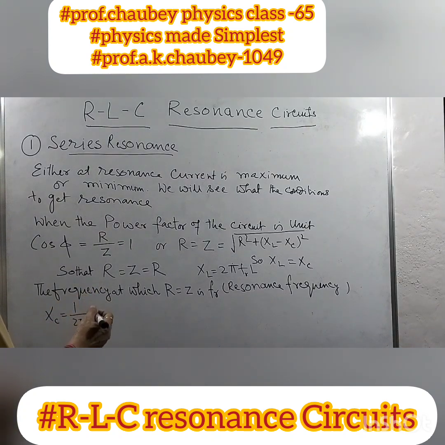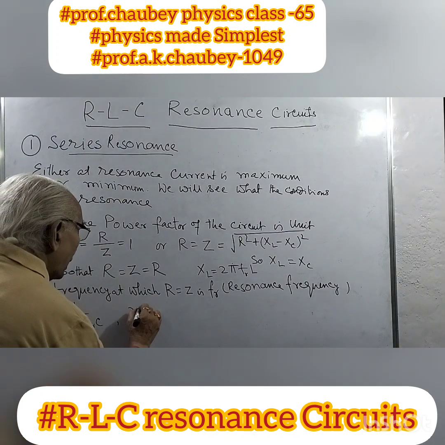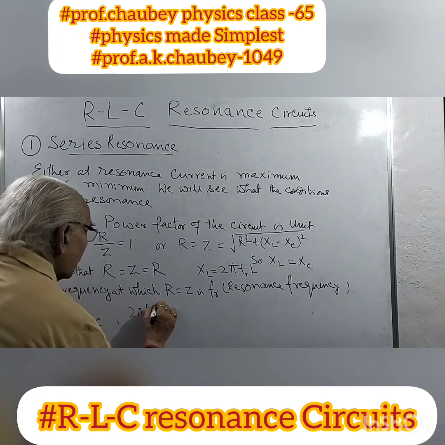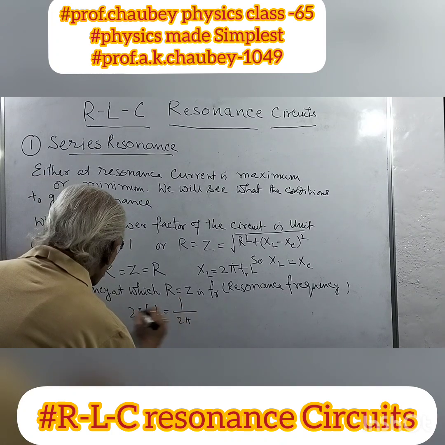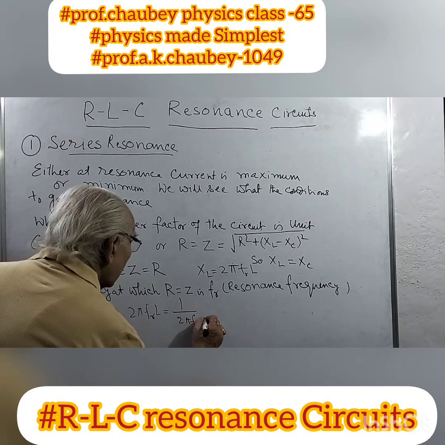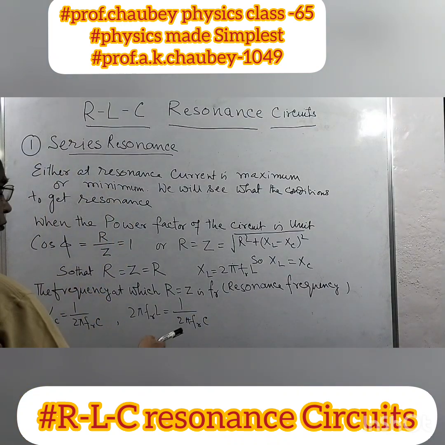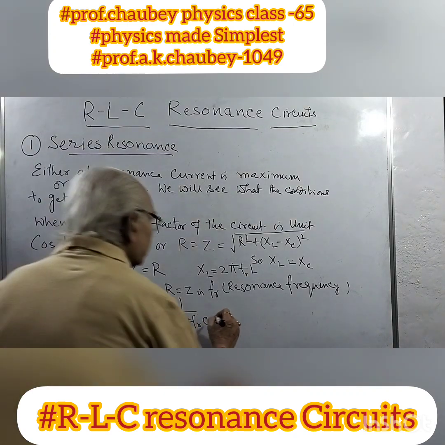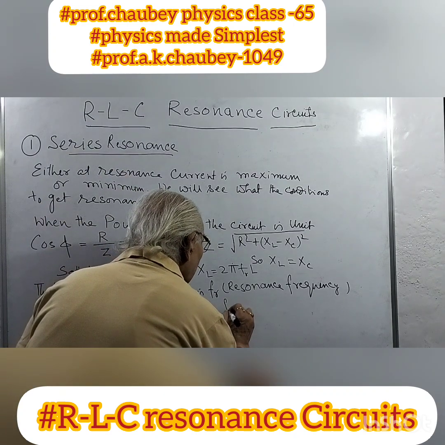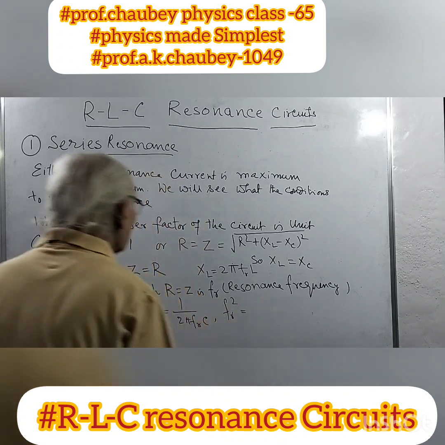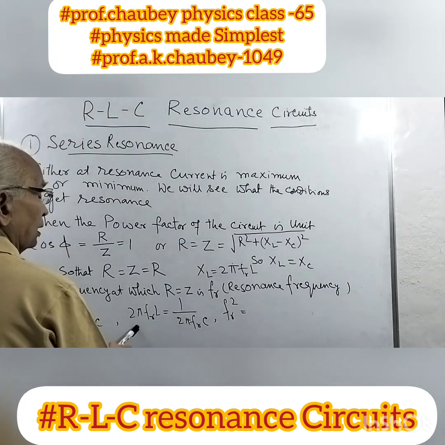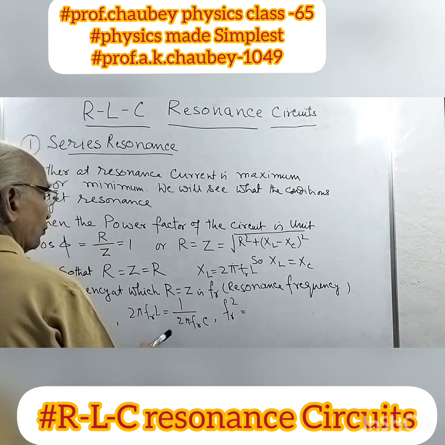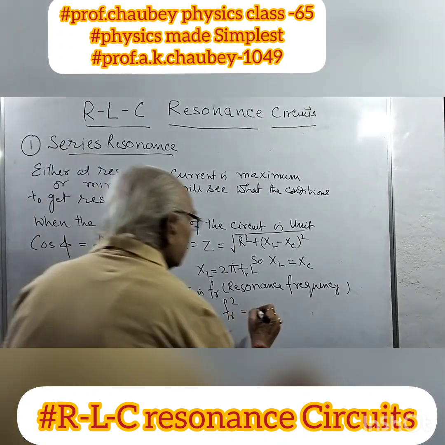So these two must be equal, means 2 pi FR L is equal to 1 over 2 pi FR C. So FR square is equal to 1 over 4 pi square LC.